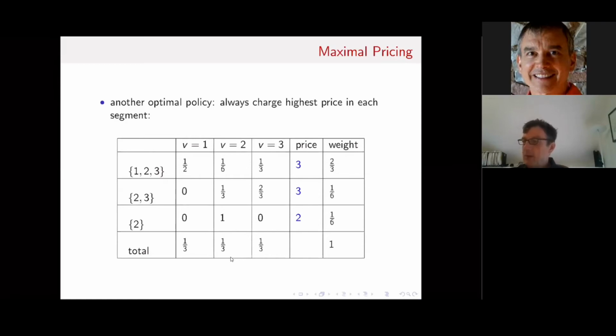Okay. Now, in that pricing policy, quite a dramatic contrast arises relative to the minimal pricing. Namely, now we're selling only to one part of the consumer, only to that consumer that has the highest willingness to pay 3. And we're failing to sell. That is, we have inefficiency.